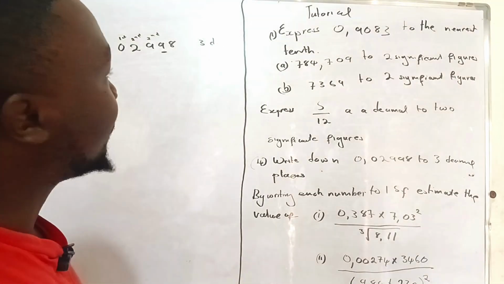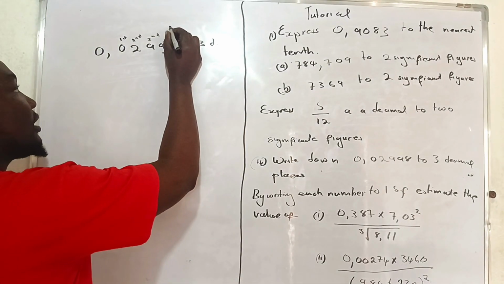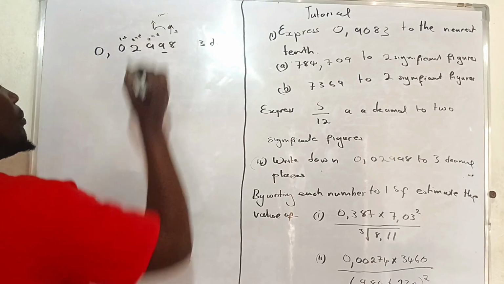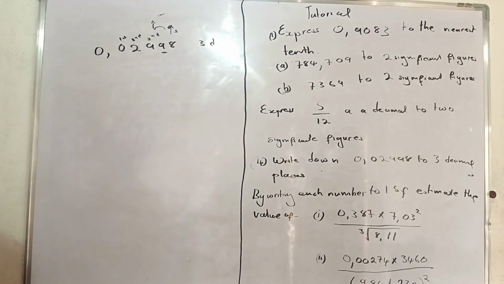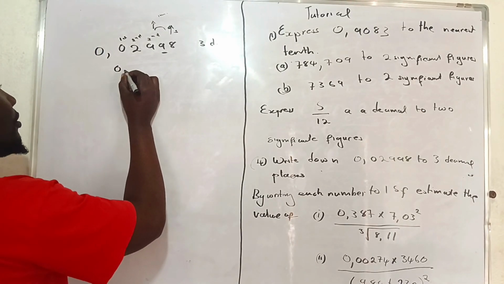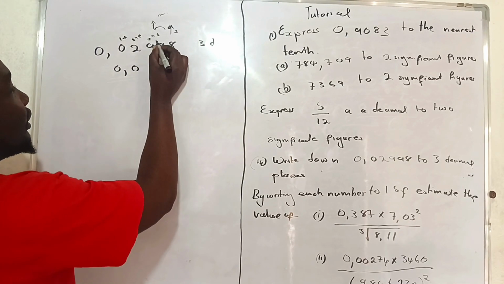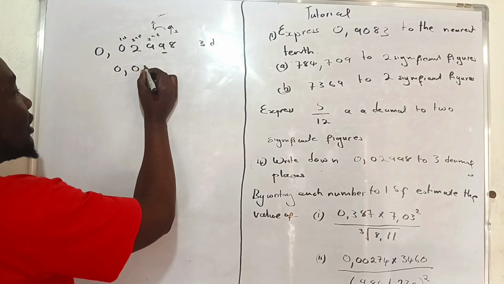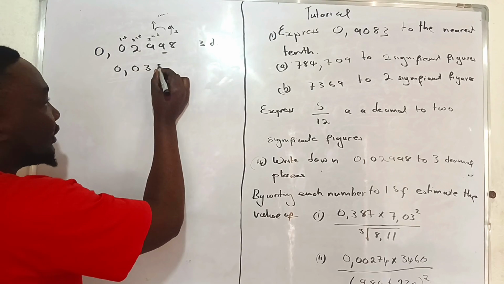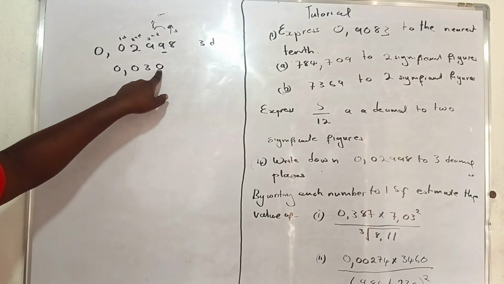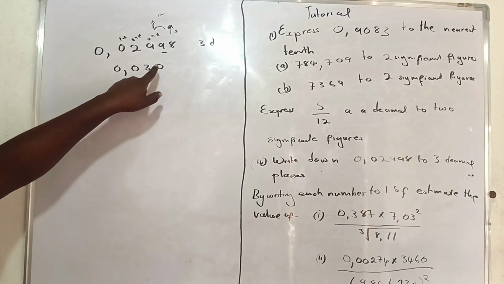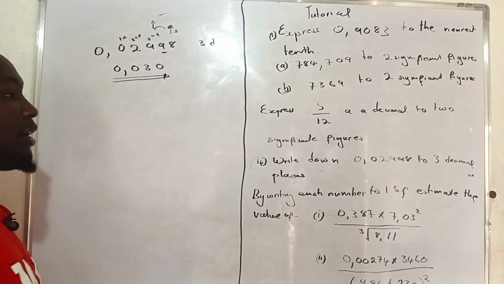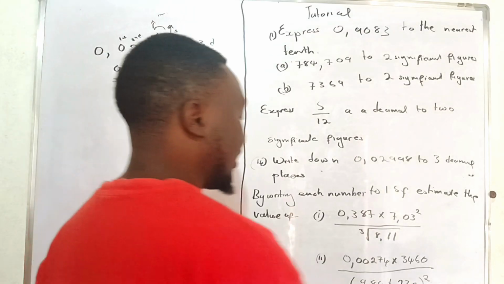If the fourth decimal place is greater than 5, the next decimal will move the unit up. So 9 is greater than 5, you're going to have 0.0. So this one is going to become 10, and we're going to push another unit here. So we're going to have 30. Remember to put this 0, because you need to have 1, 2, 3 decimal places. So this one is your answer.